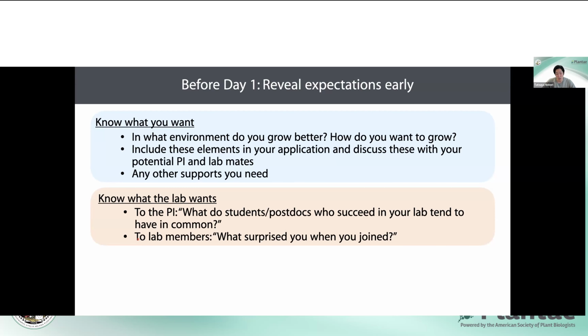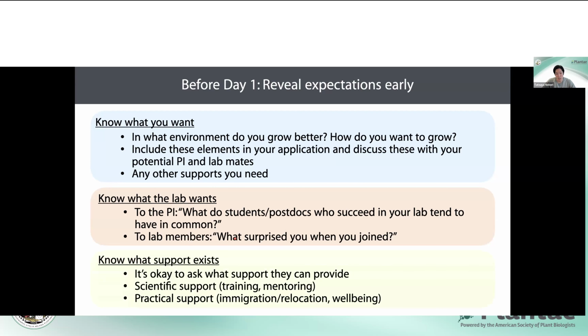To the lab members, it's also important to have a good conversation with the potential colleagues. You could ask, for example, what surprised you when you joined this lab? And also, it's important to know what kind of support exists. It's totally okay to ask what support they can provide during the interviews.